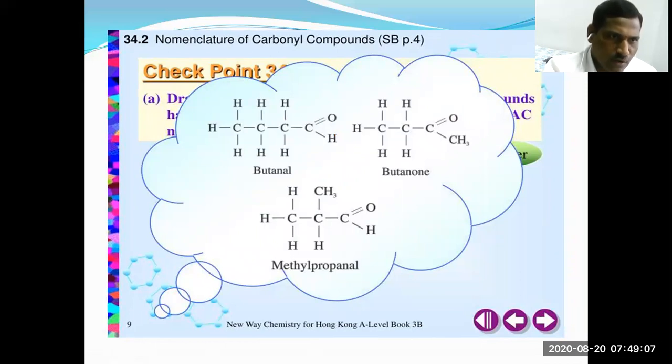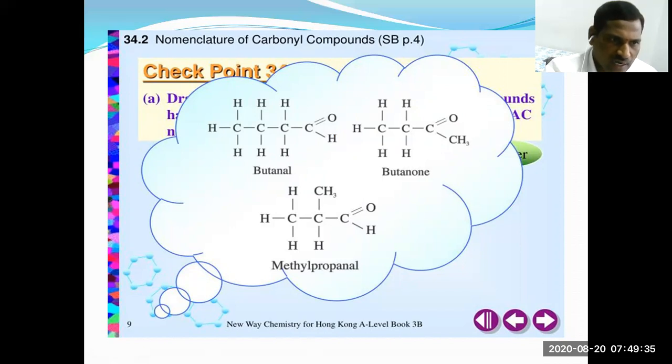Nomenclature of carbonyl compounds. See here, some structures are present. We are giving the IUPAC names of these compounds. This is the aldehyde group. A total of 4 carbons are present. The name of this compound is butanal, not butanol, ol is for alcohols.